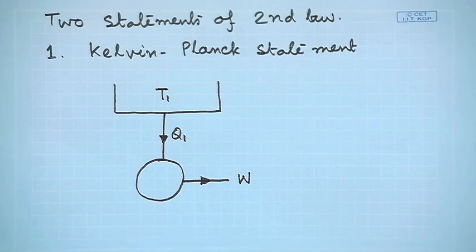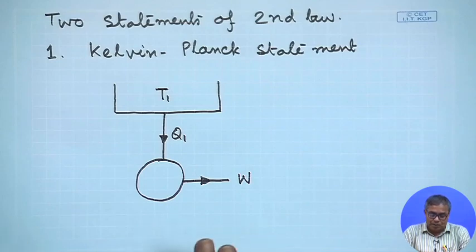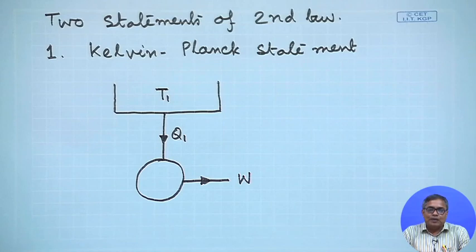Now, from first law this is possible, or rather first law is not getting violated by what I have proposed, that I will take Q1 amount of heat from the reservoir and will convert whole of it into useful work or into mechanical work.